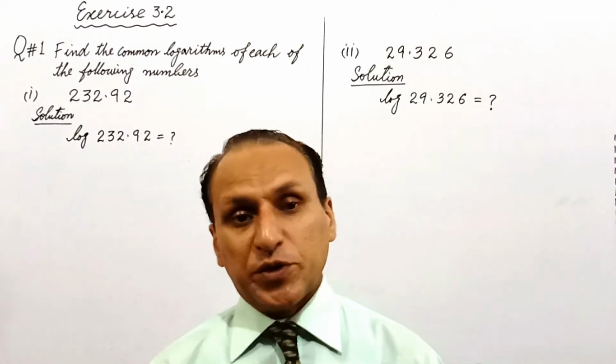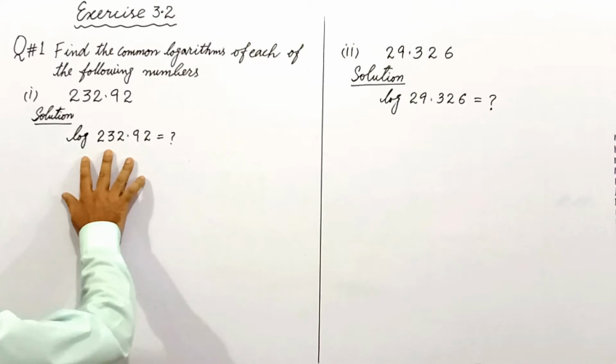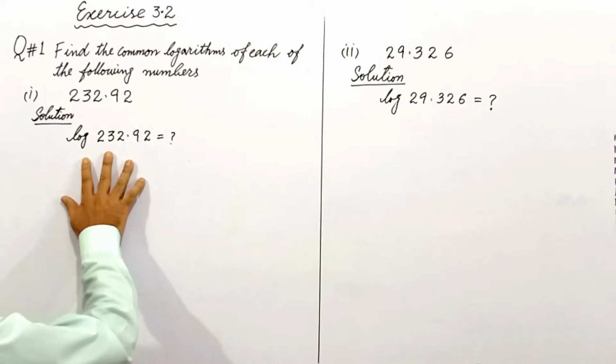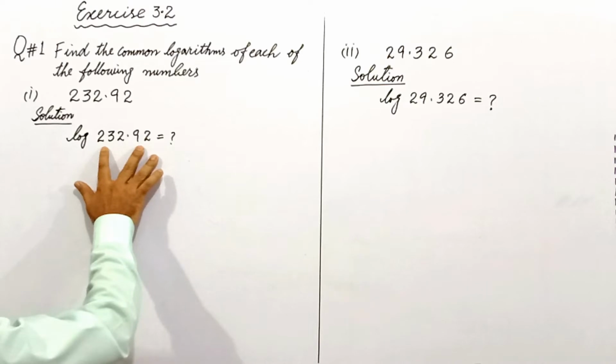So let's do it. In part 1, we are required to find out the logarithm of 232.92, and we are familiar that the tables of logarithm are actually related to 4 significant digits. So first of all, we have to round off up to 4 significant digits.